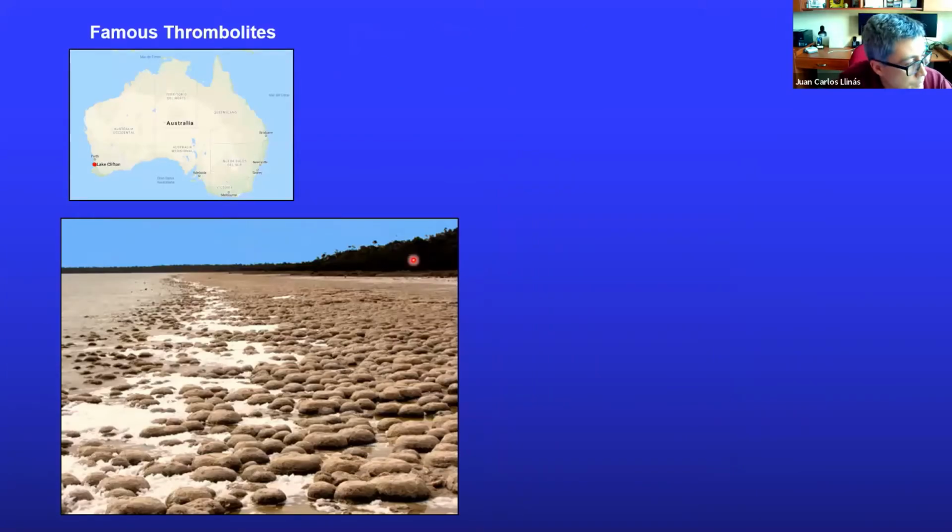Now we have living examples of thrombolites today. And this is in Lake Clifton, also on the western coast of Australia. Here we have these really extensive deposits of microbial buildups. What is more interesting here is the publicity that has been done to become a very important touristic attraction for the country.